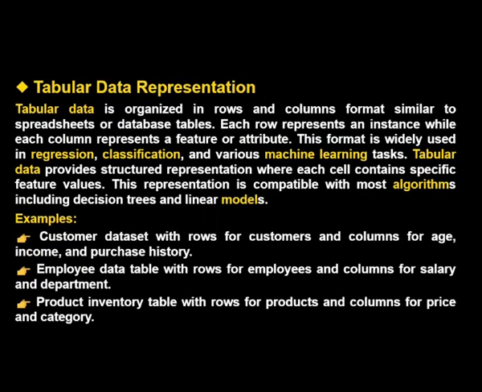The next one, tabular data representation. Tabular data is one of the most commonly used data formats in machine learning. It is organized in rows and columns, similar to Excel sheets or database tables. Each row represents one data instance, and each column represents a feature or attribute.